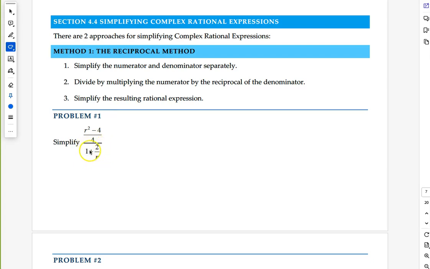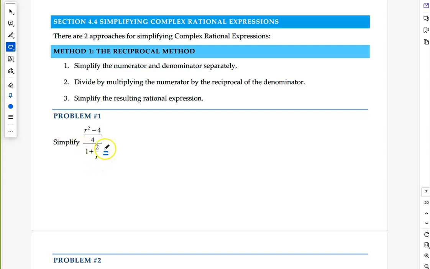However, on the bottom, I have 2 different parts, so I need to get that as one fraction. We're going to follow what we did in 4.3 to do that. So let's look at just the denominator of this whole thing.